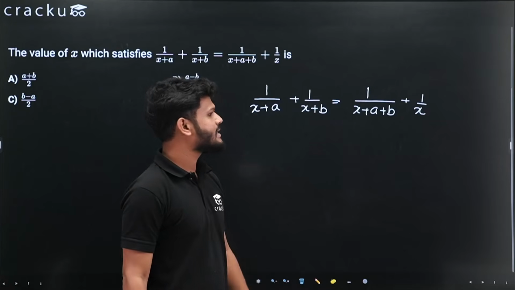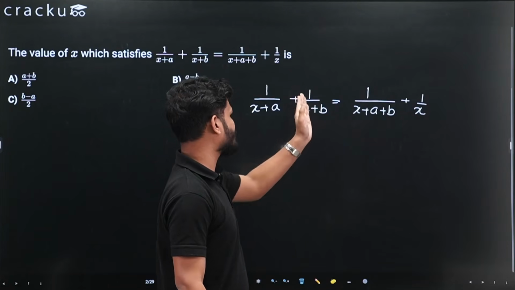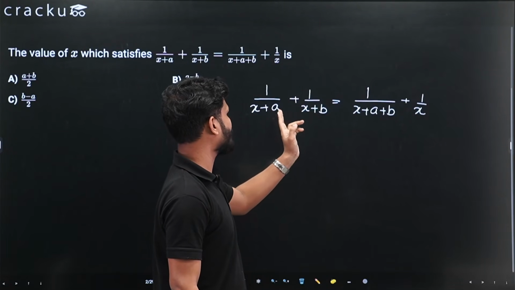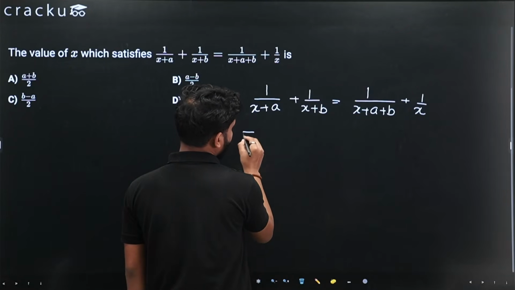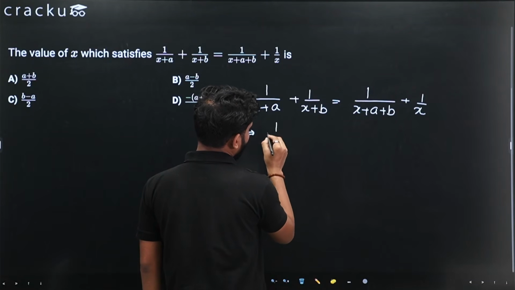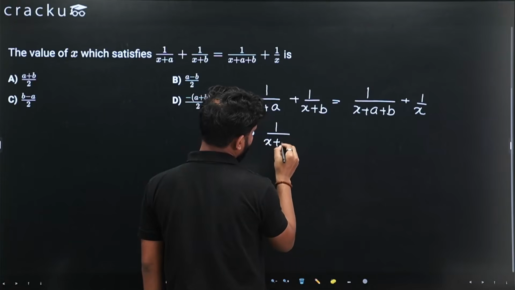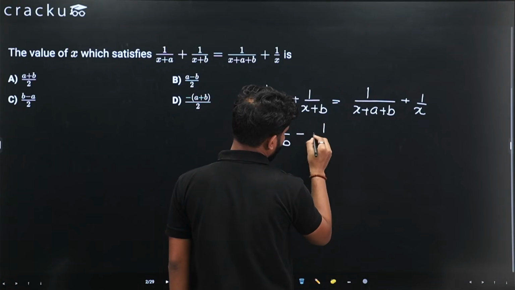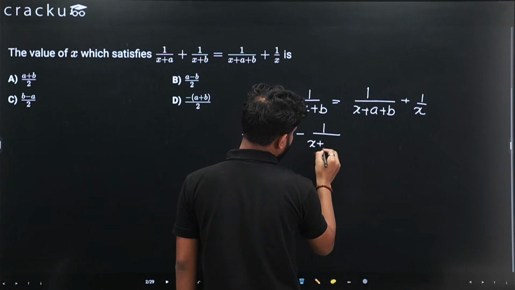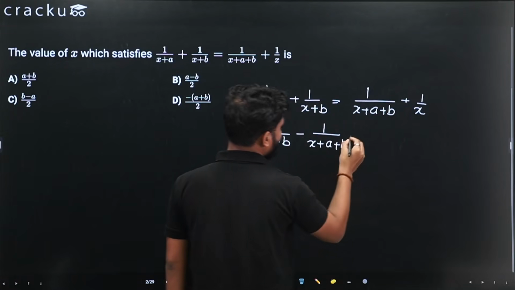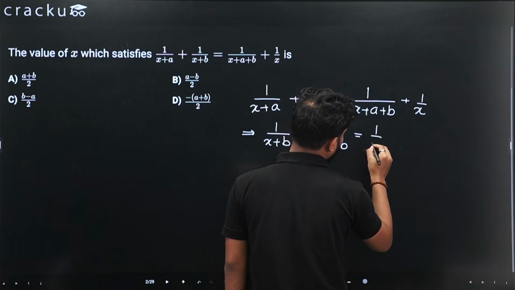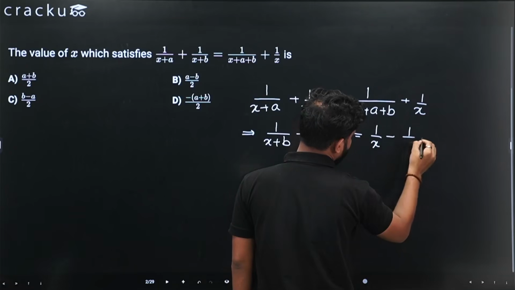What will I do in this? I will bring this 1 by x on this side and bring this 1 upon x plus b on that side. So it will be 1 upon x plus b minus 1 upon x plus a plus b, on this side, is equal to 1 upon x minus 1 upon x plus a.